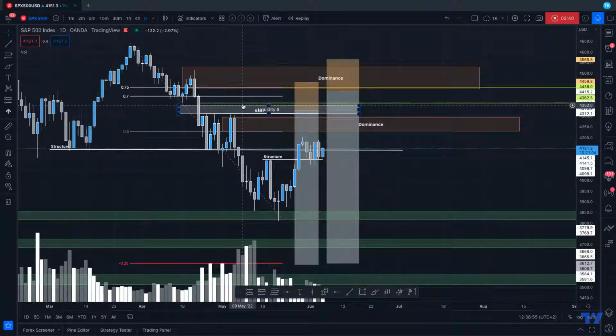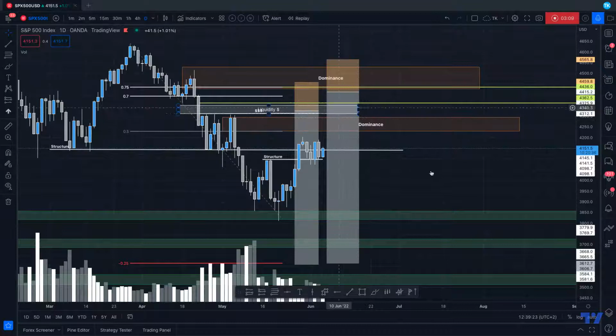As I highlighted last week, this is a very interesting liquidity area, because price touched this level, this zone, once, twice, three, four times, and created these long tails. It means that there is a lot of liquidity over there that must be grabbed.